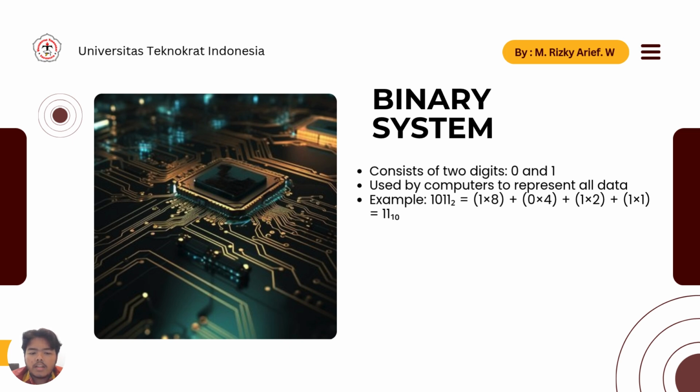For example, let's take the binary number 1011. We can convert it to decimal by multiplying each bit with powers of 2. So 1011 base 2 equals 11 in decimal. This means the binary number 1011 represents the decimal number 11. Binary numbers are the foundation of computer systems. They form the language that computers truly understand.